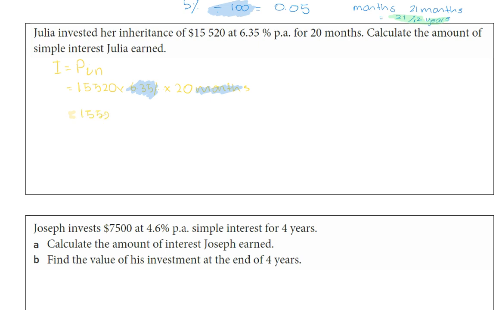So 15,520 times 6.35 divided by 100 times 20 over 12, because there are 12 months in a year. And all up we get $1,642.53.